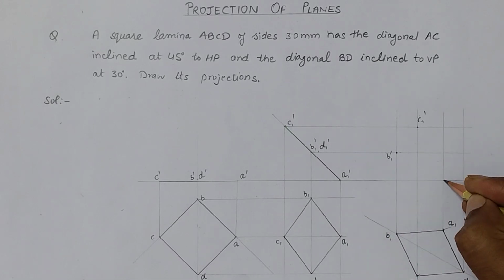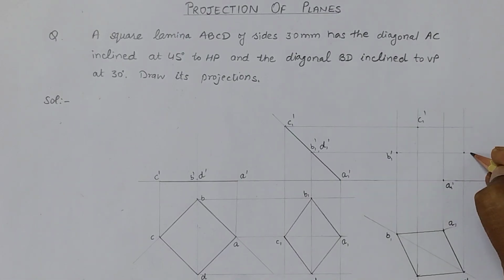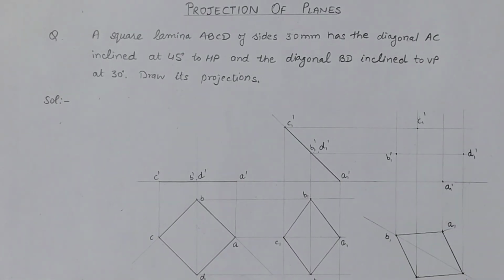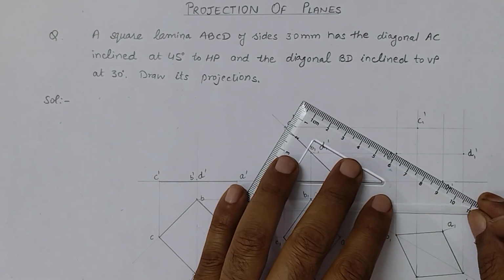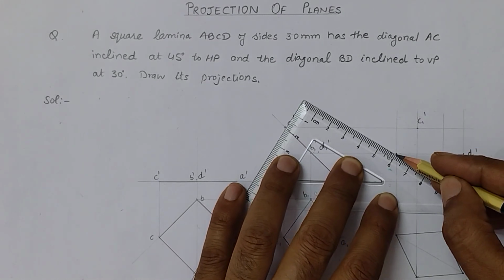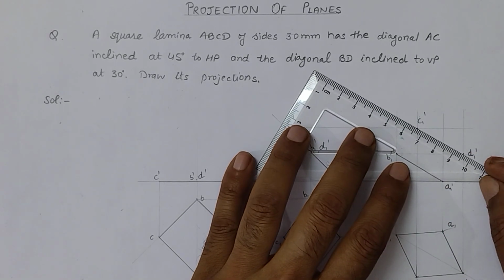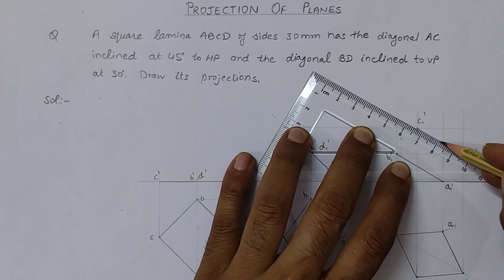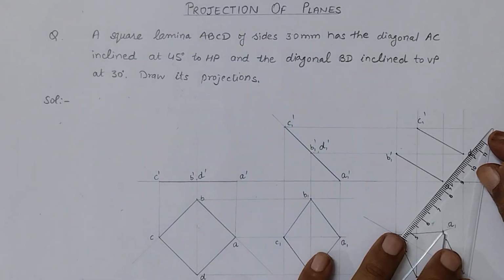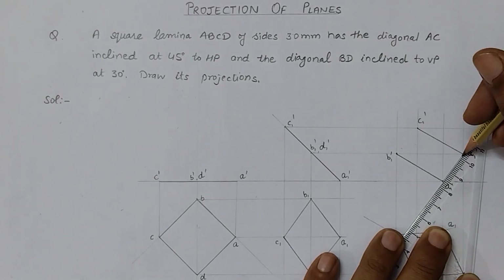A and A1 dash, then D and D from this side, D1 dash. Join these points. C and D, we join these 2 points also. So complete the square, complete the shape of the object.